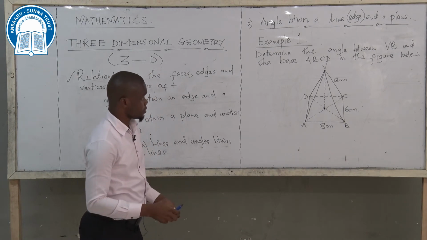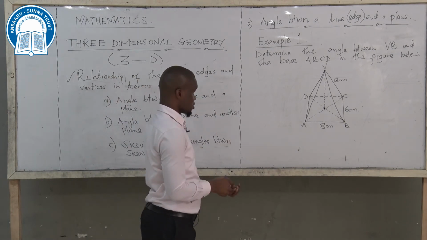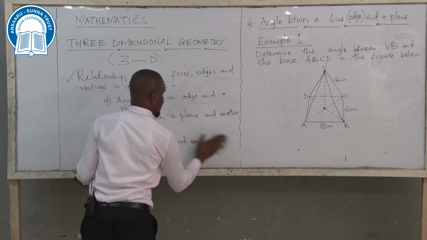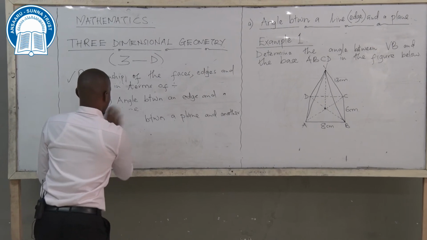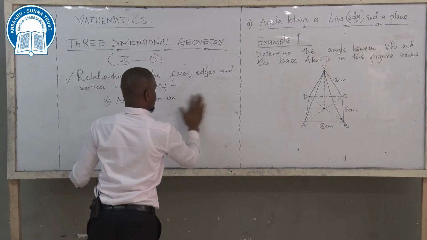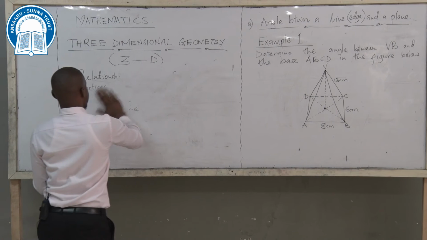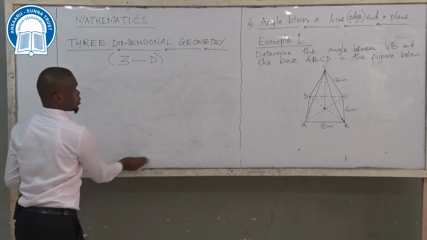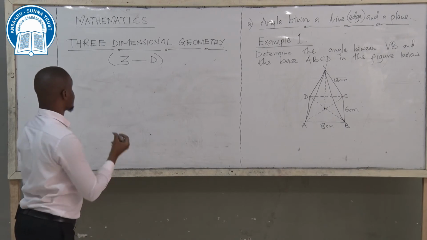Now, to start with, there are steps in determining the angle between a line and a plane. What is the first thing you're supposed to do? Number one, steps in getting the angle between a line and a plane.